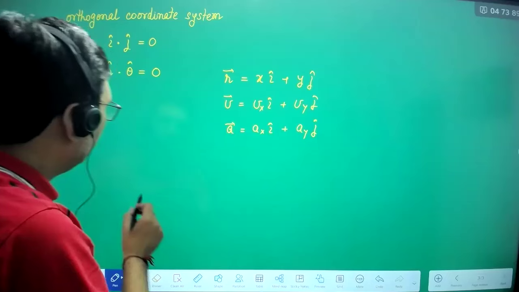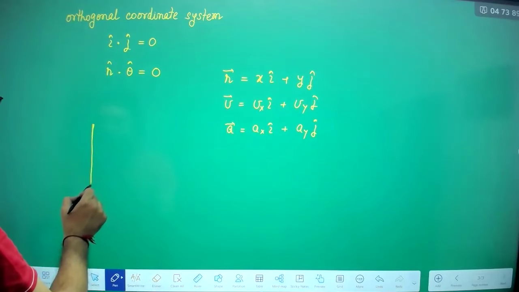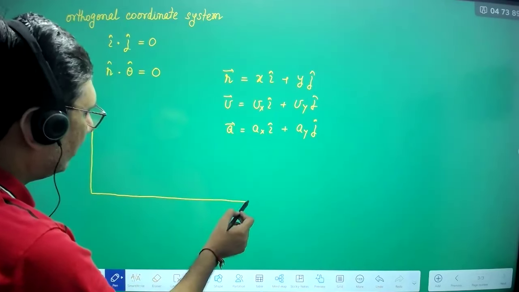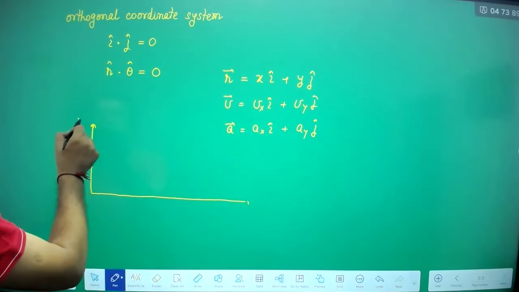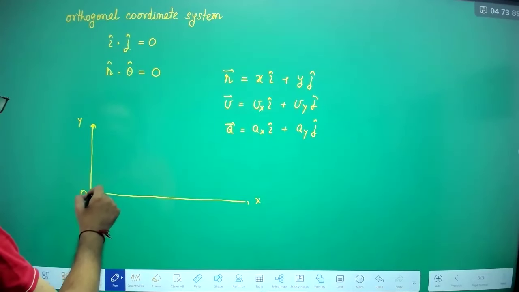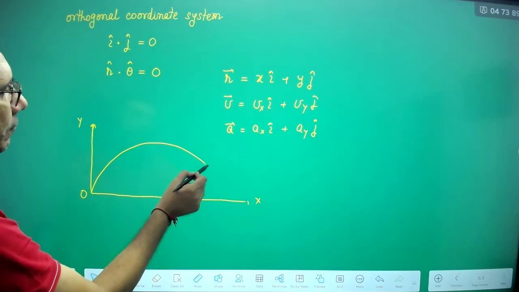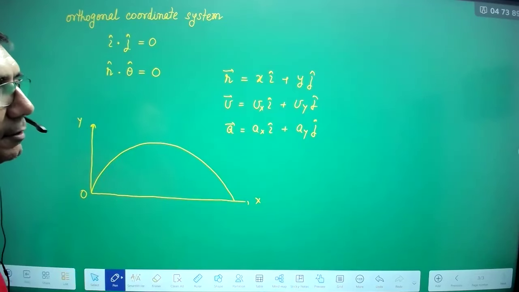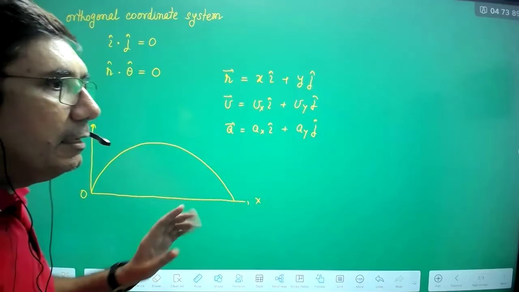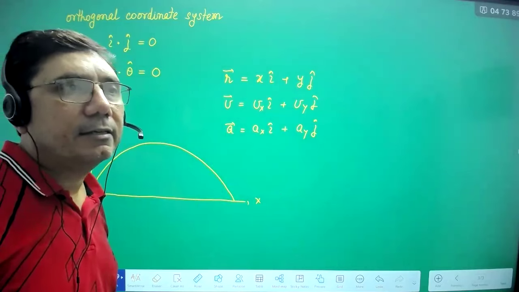If a particle is moving in a plane, for example in projectile motion, with y and x axes, you can study this motion as two independent motions, one in the x direction and another in the y direction.